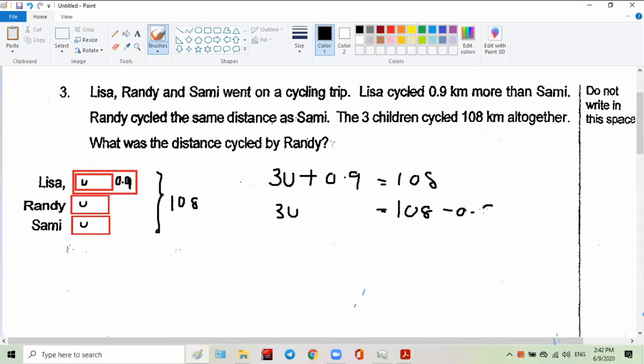Then 1 unit is equal to 108 minus 0.9 divided by 3. Run this and you should have the answer, 35.7.